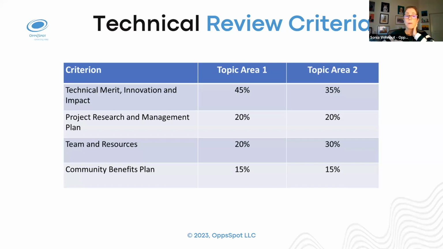That's why it's weighted a little bit higher. But they're about the same. So don't let this tip you over. But this is basically when you look at how the reviewers are going to be looking at your different components of your application, this is how it's going to be scored.